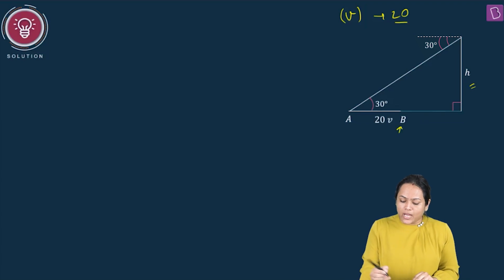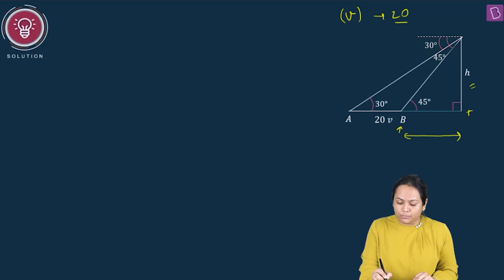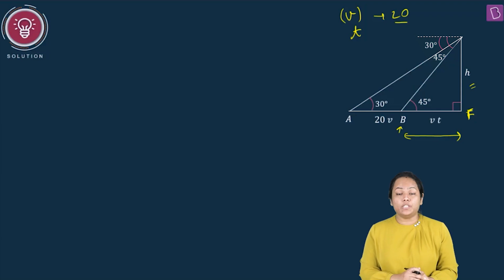Then it's going to reach point B where the angle is going to become 45 degrees. They have asked what time it's going to take from B to reach the bottom of the tower, let's say the foot of the tower. So let us take the time as t. That means the distance from point B to point F will become v into t.